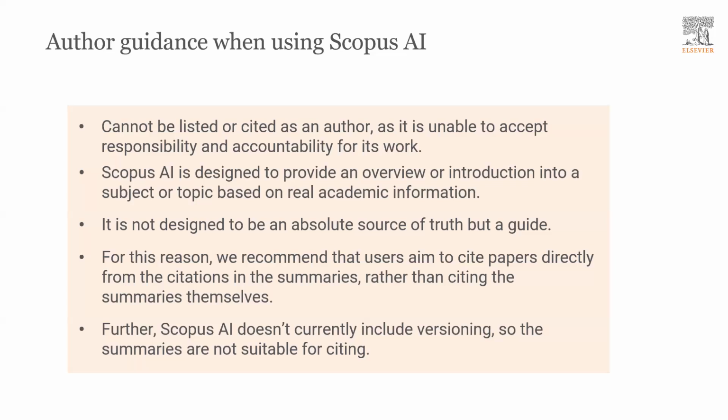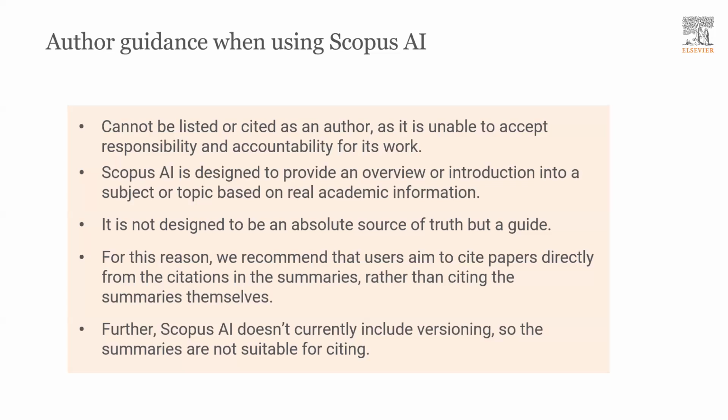So the idea of Scopus AI is that it provides an overview or an introduction to a topic, but this is not information that can be cited. It guides you to the real academic information, which is then embedded in the literature, and the literature has to be cited, right?